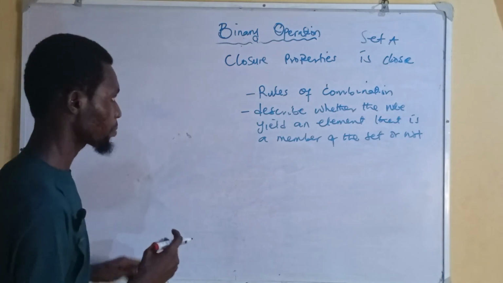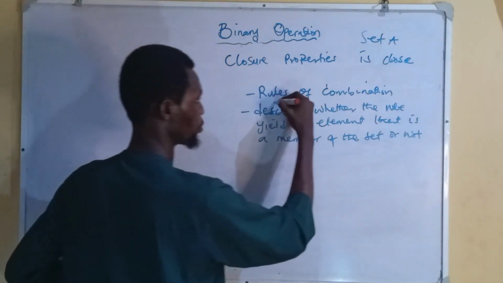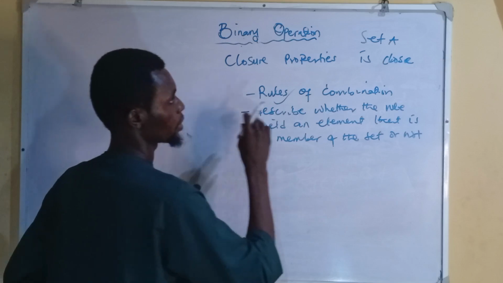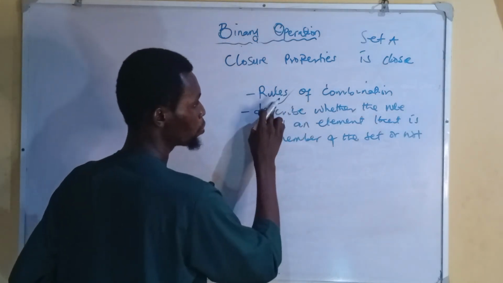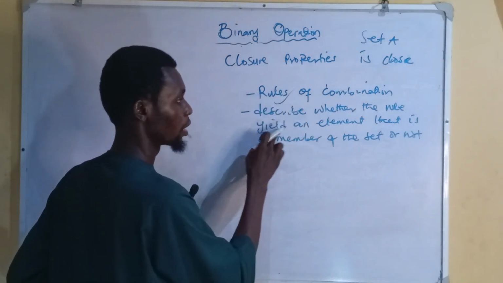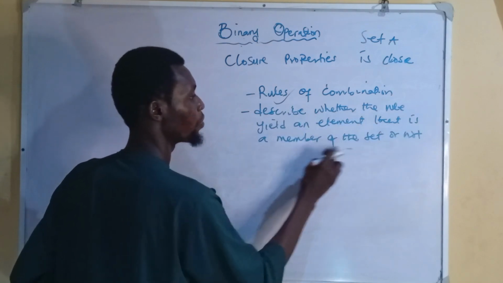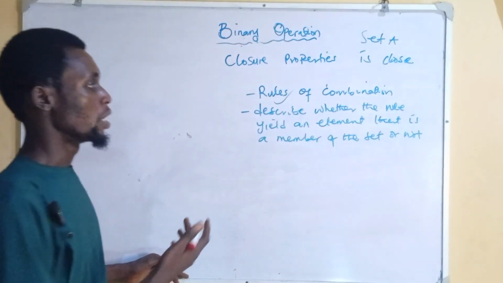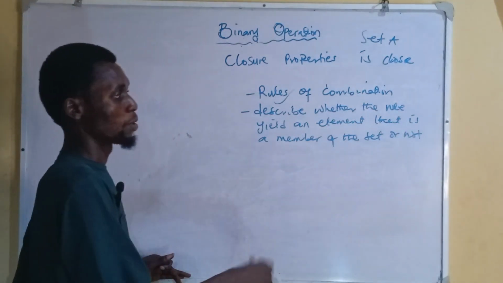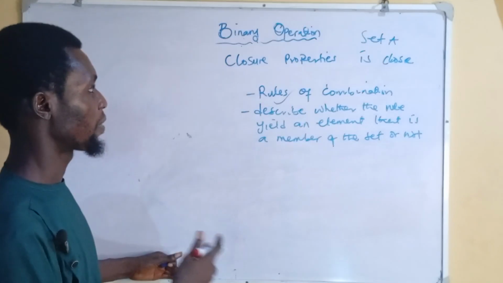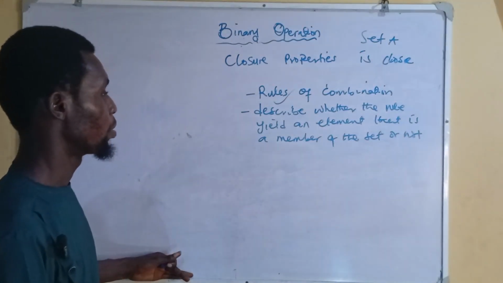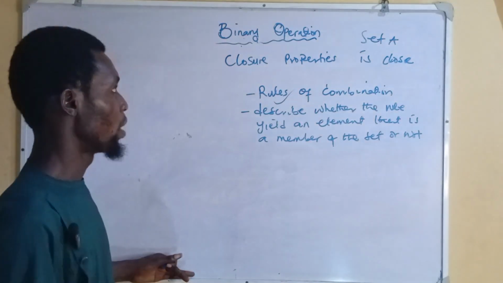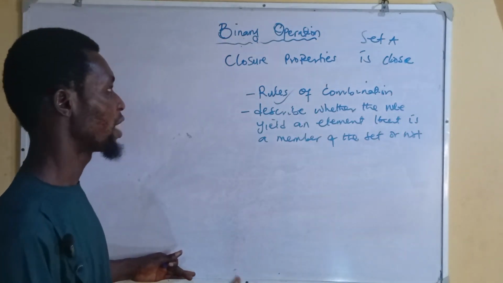I take it again. What we are looking at are the rules, and we are also trying to consider whether the rules will yield an element that is a member of any given set. Now, if it yields or if it does not yield an element that is a member of that particular set, we are going to say it is closed or it is not closed.